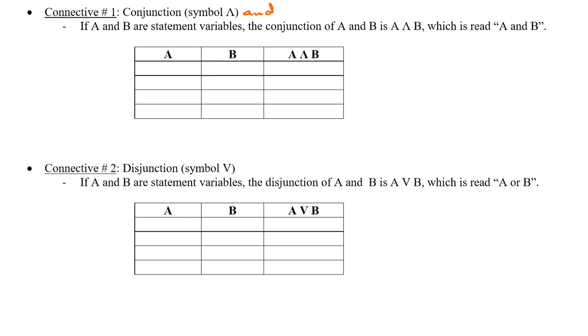So if A and B are statement variables, so for example A can be I want a red vehicle, and B I want it to be a truck.